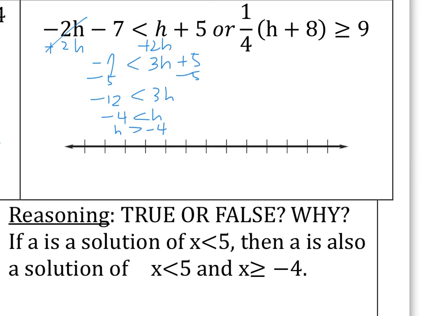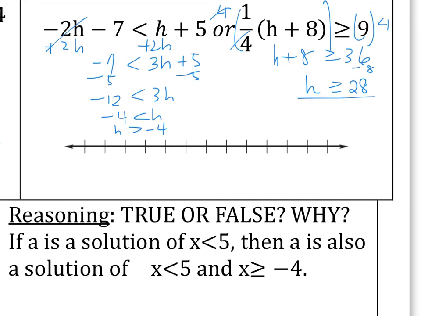And for this one, we can multiply 4 to both sides of the inequality. Subtract 8 gives you 28. And we can start graphing.